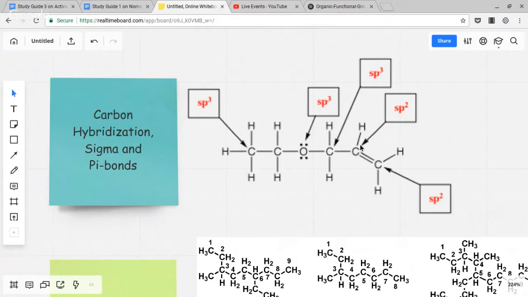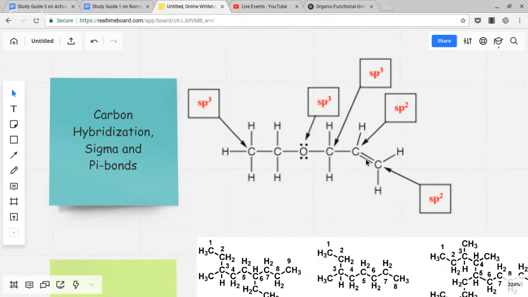When we reach our sp2 type of bonds, when we get sp2 and we see a double bond, that means 1 sigma and 1 pi bond. So when you have a double bond, always count 1 sigma and 1 pi for that. So when we look at this carbon cluster here, the one I'm pointing at right now with the mouse, since you see 2 single bonds, this is 2 sigma, and then 1 for the double bond, so that means a total of 3 sigma bonds, and of course 1 in the double bond qualifies to be a pi bond.